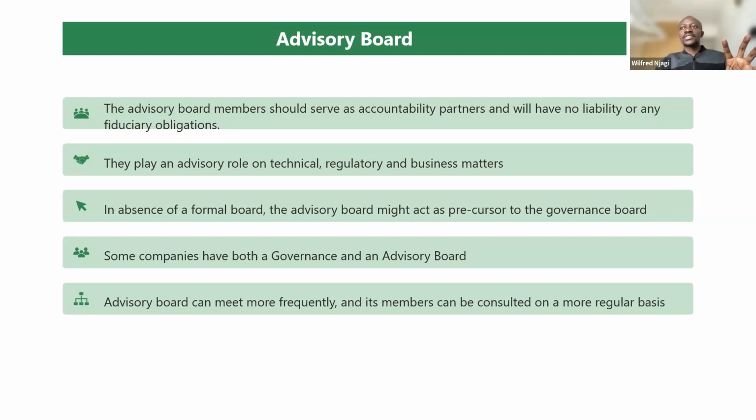They have more power and more mandate over you, including selecting a CEO, firing a CEO, and signing off on your audits, while an advisory board might advise you on all those matters, but they don't have a mandate per se, right? So for those in the core that say they don't have any kind of a board, I would encourage you to start with an advisory board.